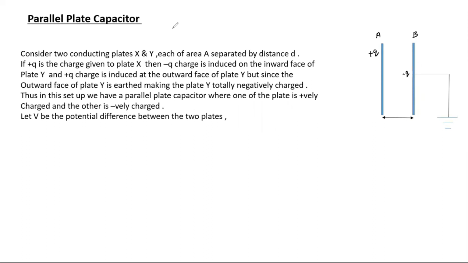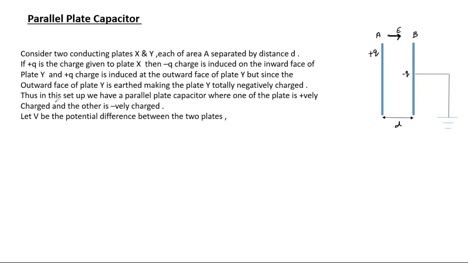Now you have an arrangement of two metal plates. One is positively charged, that is higher potential. The other is negatively charged, that is lower potential, and because of this you have a certain electric field in this direction, let's say, and both these plates are separated by a distance d.